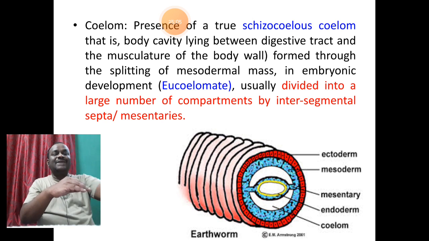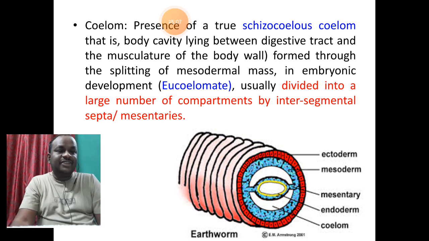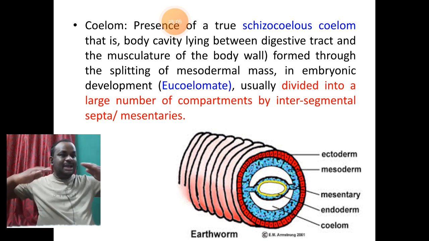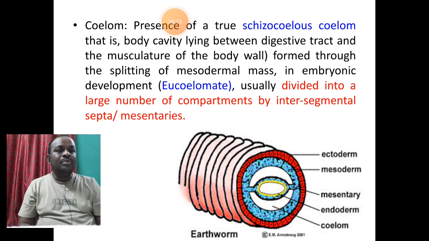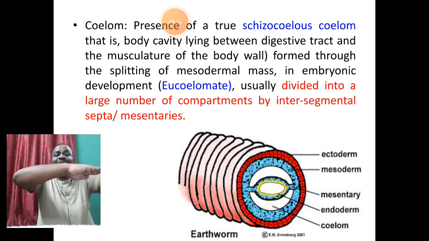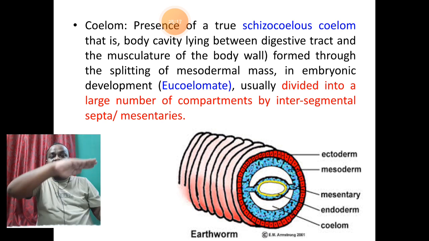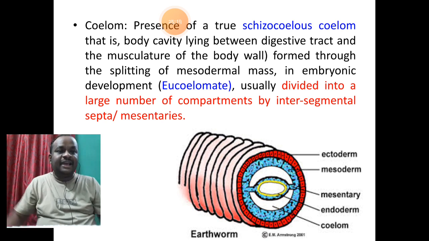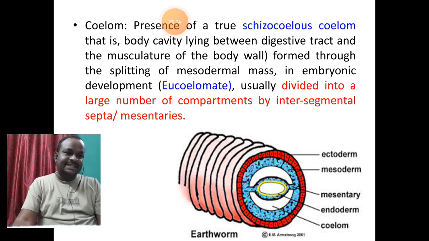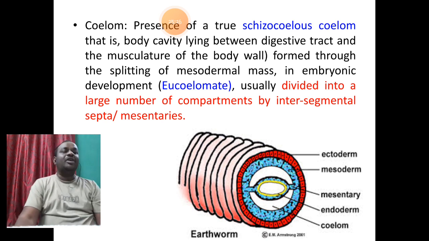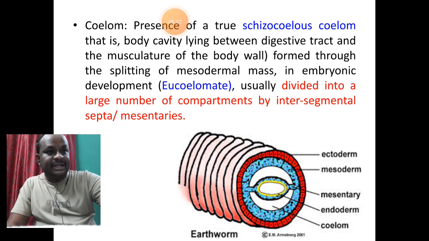One is upper, the other one down, here in the diagram. So by this septal structure, the complete cavity of the coelom is divided into cavity parts towards one side and cavity parts towards the other side by means of the septa. They are also called mesenteries. So this condition we call the schizocoelom condition.